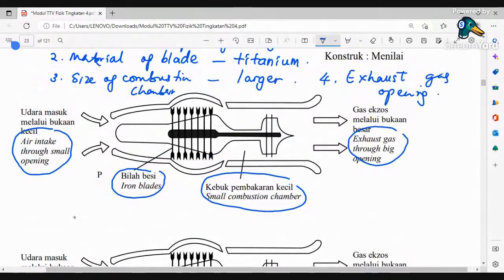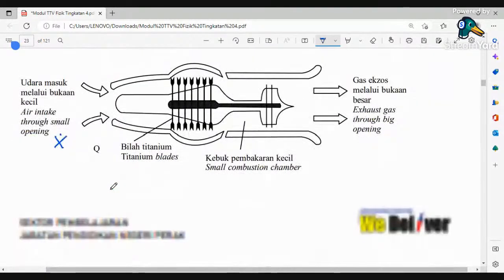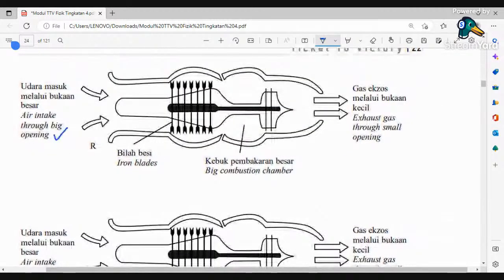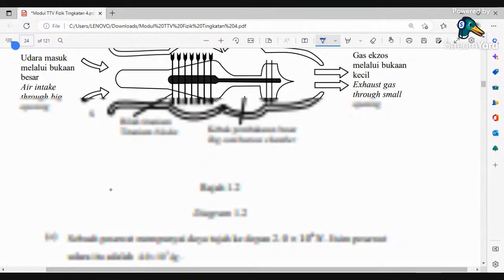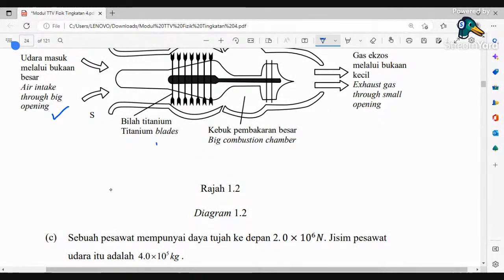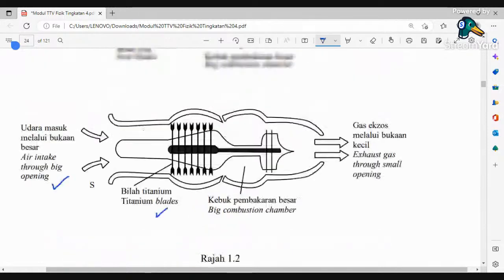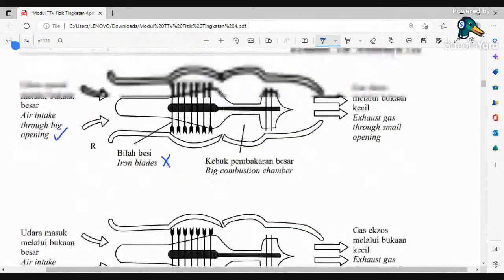Ini pun saya tak mau. Second, iron blades. I don't want iron blades, so saya cancelkan yang iron blade. Titanium, yes. Okay, kita akan lihat seterusnya.